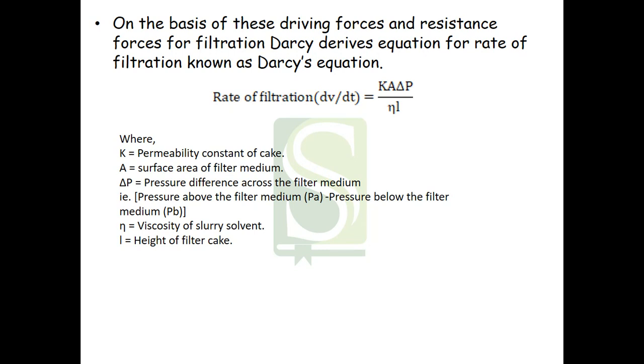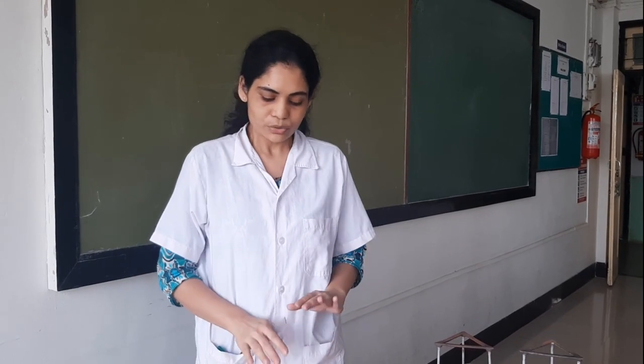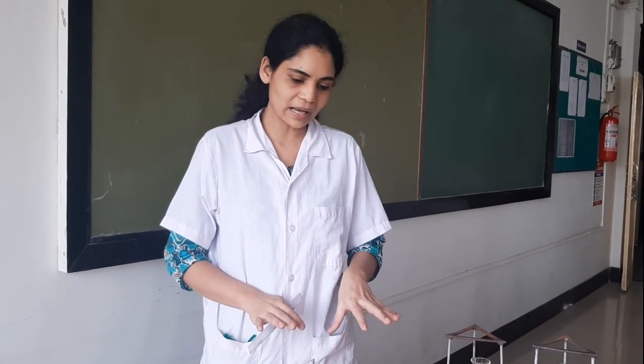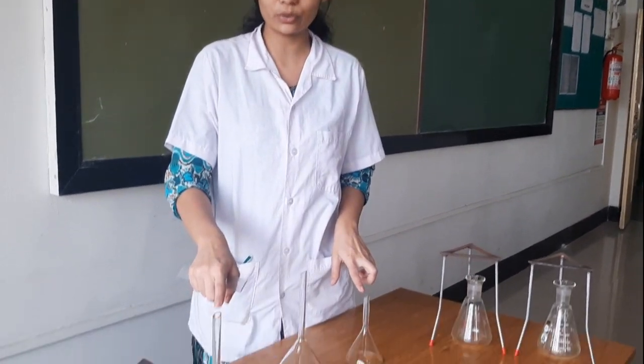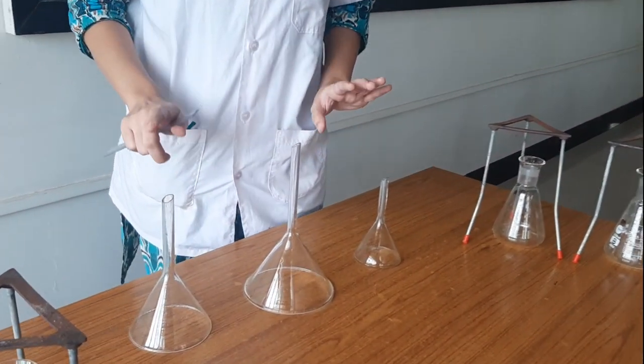Now we will see how we are going to perform this experiment for determining the factors which affect the rate of filtration. The first part consists of taking three funnels of different size.